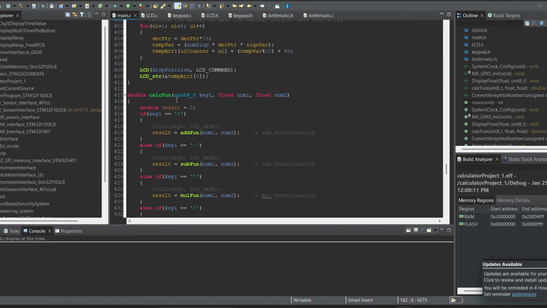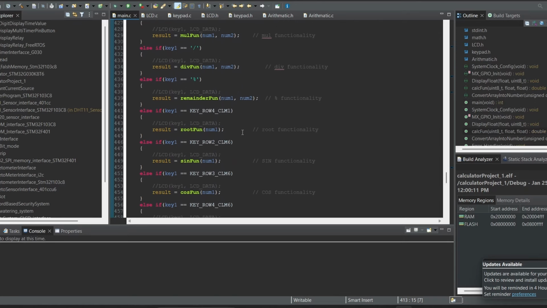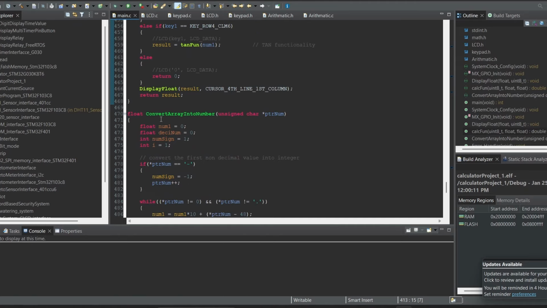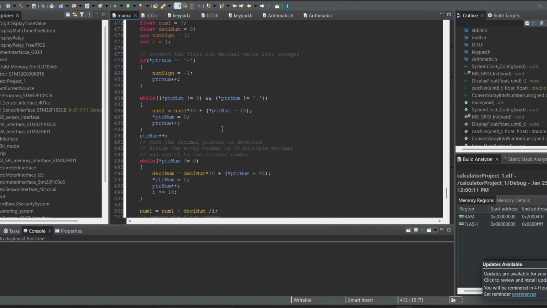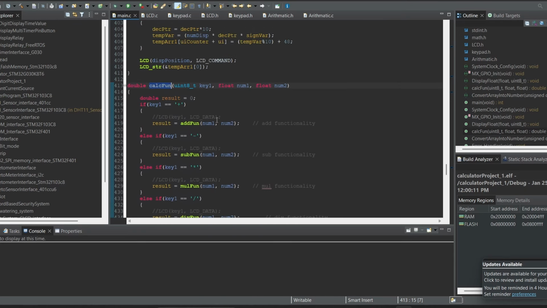We are modifying the calculator functions a little bit, because we have added two or three more functionalities. We are not changing this convert array into number function, so we are only modifying this calc function.